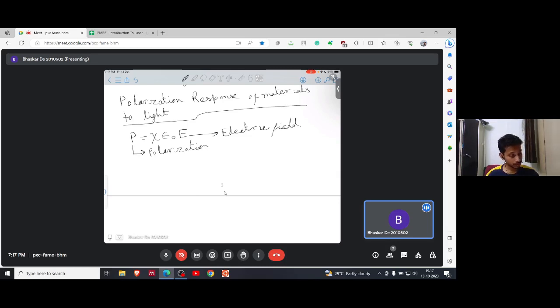The factor chi was suggested to be a useful parameter when considering the material response to electric field oscillating in the optical frequency range. Now when the electric field is increasing, so basically we are going towards the ultra short pulses. So when the electric field is significantly increased, nonlinear interaction begins to occur within the material.